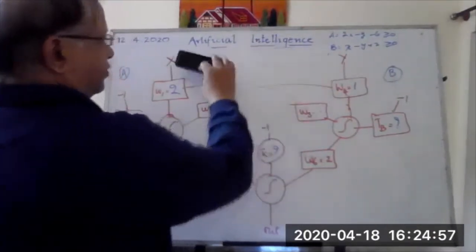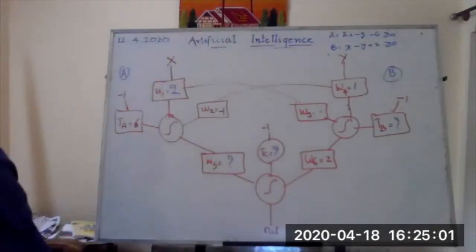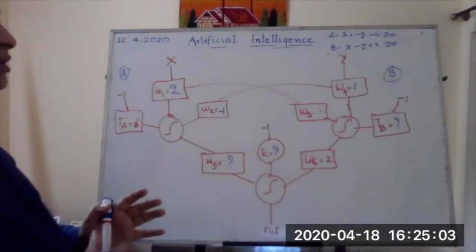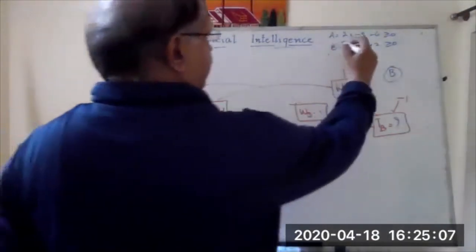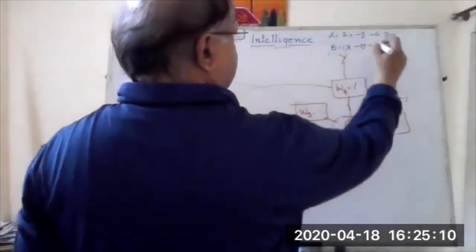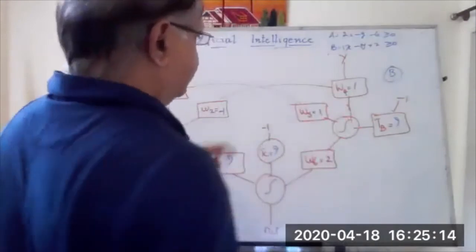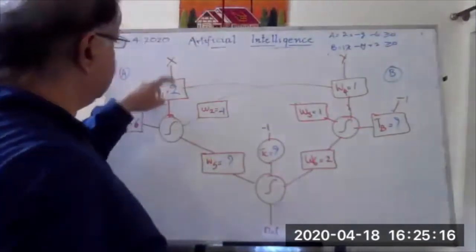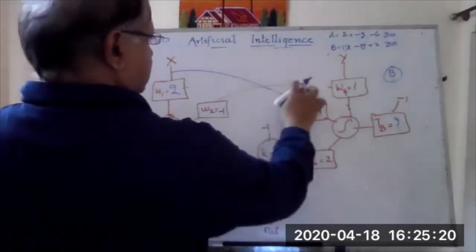Now, if this is the case, you need to be very careful about which particular portion has to be considered for the equation. So that means I have 1 over here and minus 1 over here and plus 2 here. That means W3 is equal to 1, which is x, which is getting multiplied through x, right?